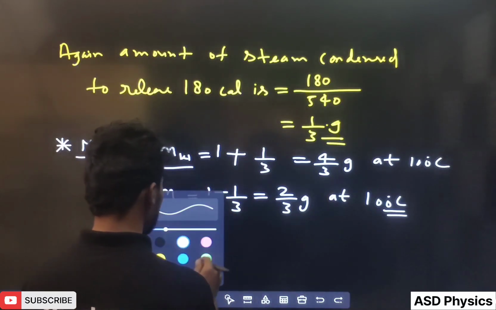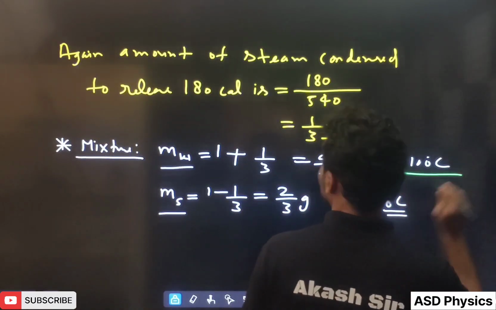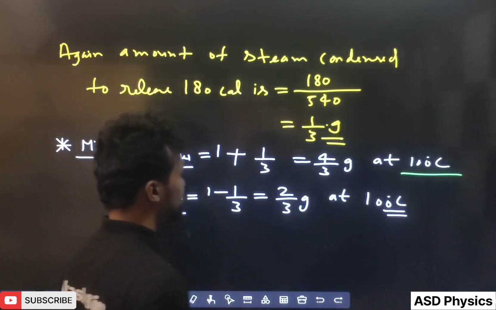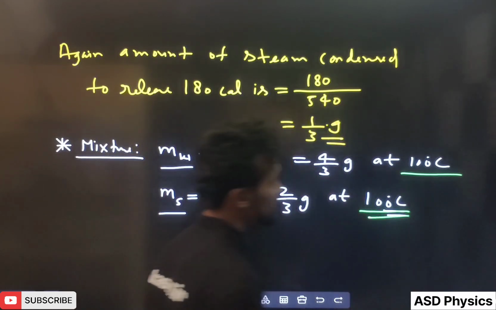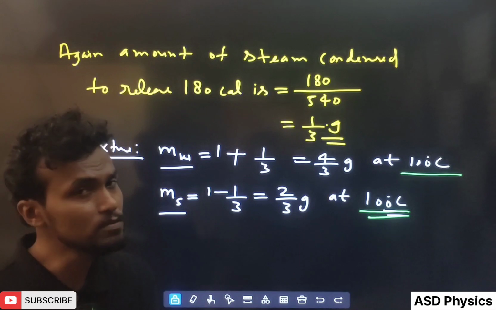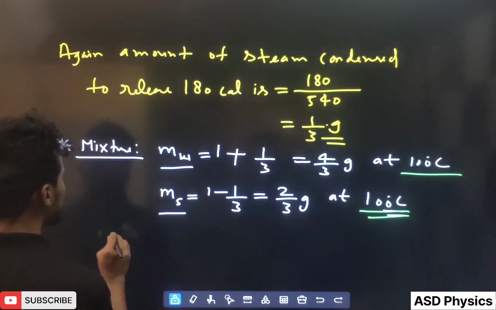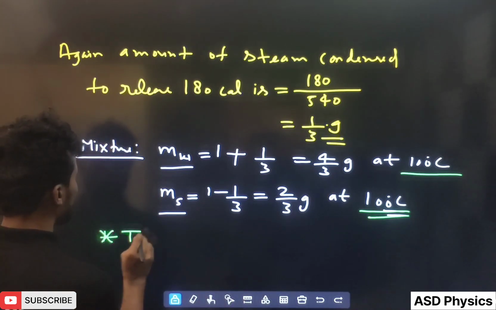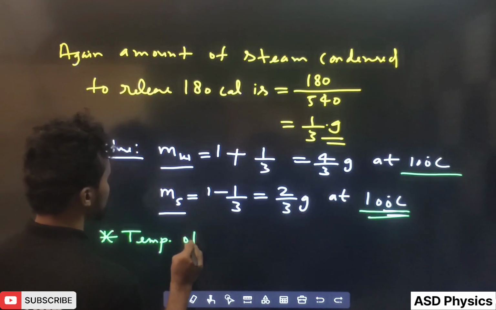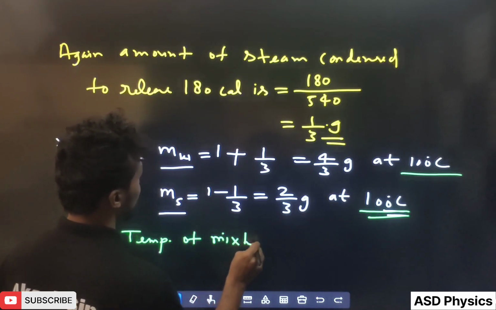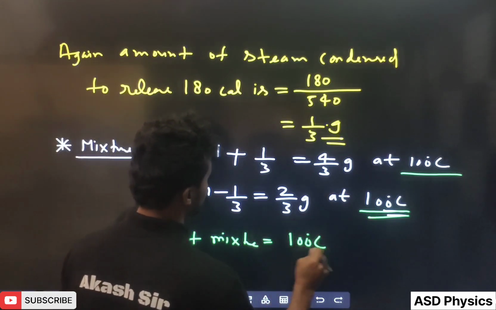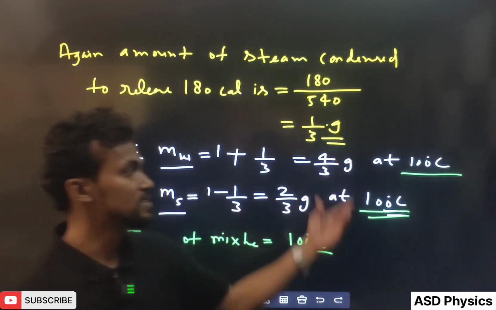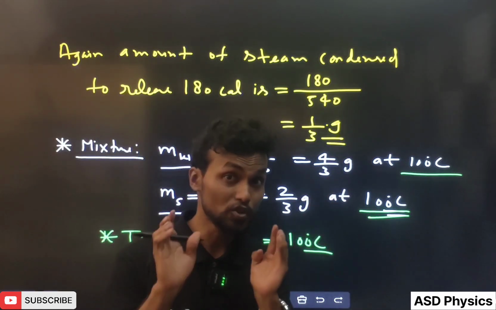But here you can see the temperature of the water is 100 degrees Celsius. Temperature of the steam is 100 degrees Celsius. Now is any heat flow possible? Heat flow is not possible. That means the temperature of the mixture will be 100 degrees Celsius. This is the temperature and this is the composition. I hope you have understood very well.